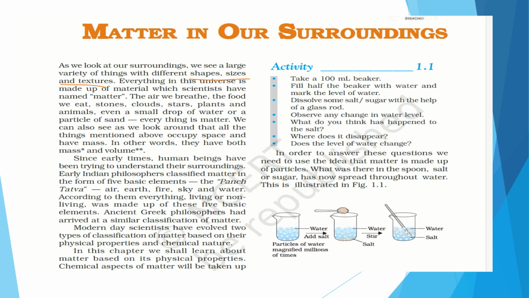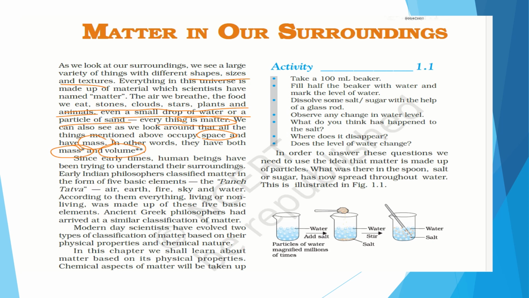The air we breathe in, the things we eat, the stones, the clouds, the stars, the plants and animals, even a small drop of water or a particle of sand is matter. So everything is matter. Whatever is matter occupies space and has mass. In other words, mass and volume are two important properties of matter.